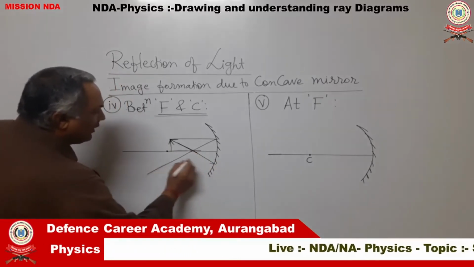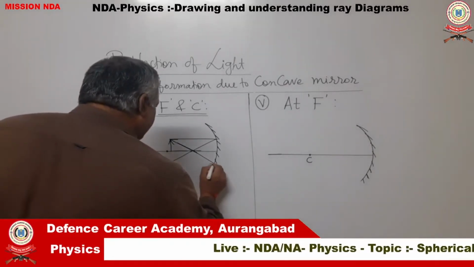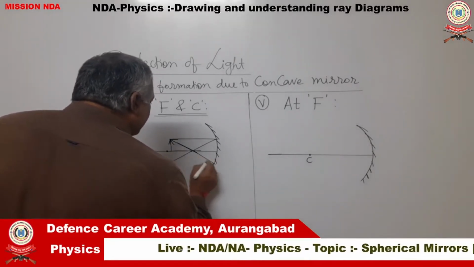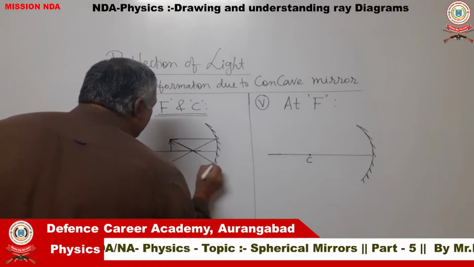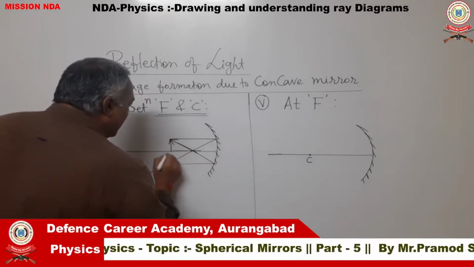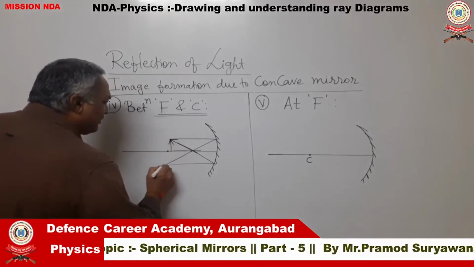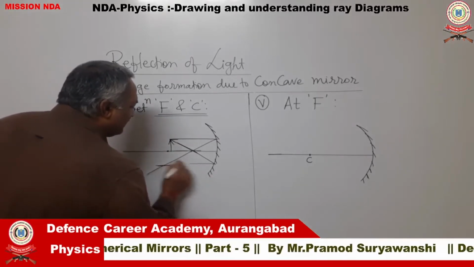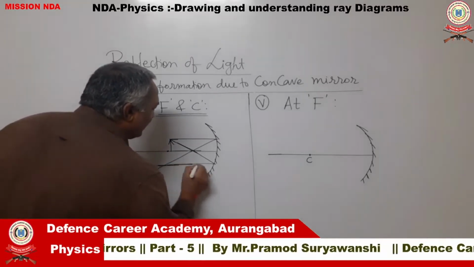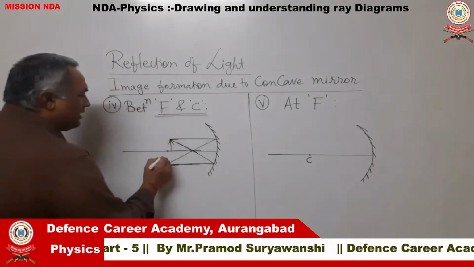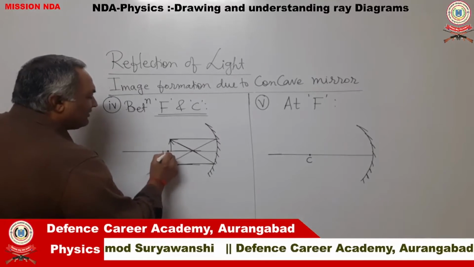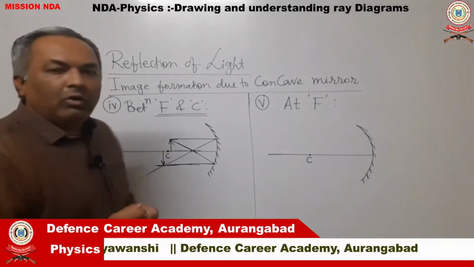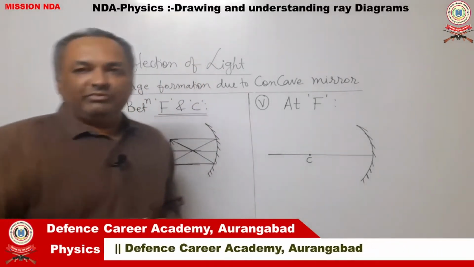So after drawing these two reflected rays, wherever those rays are going to be intersecting, at that point you are going to draw the real and inverted image. So here at this point, these two reflected rays are going to intersect, and so we are going to draw the image here, and obviously it does look bigger than the object.